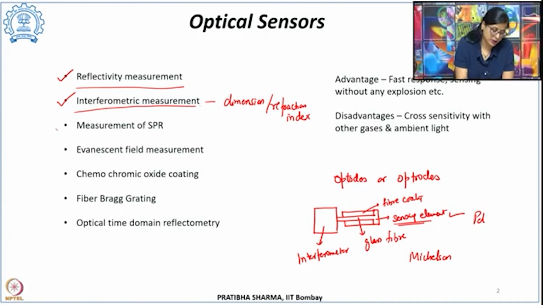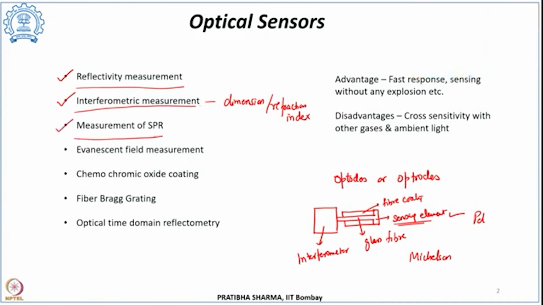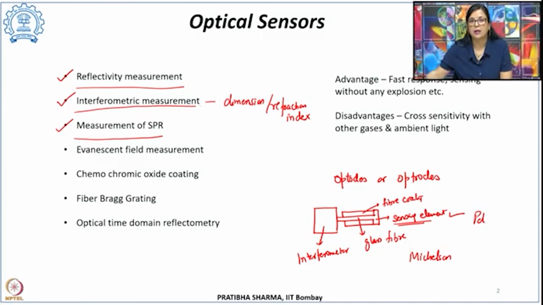Another method is measurement of surface plasmon resonance. Surface plasmon is a surface electromagnetic wave which propagates parallel to the interface between the metal and dielectric, and it is highly sensitive towards any structural changes of the metal surface.